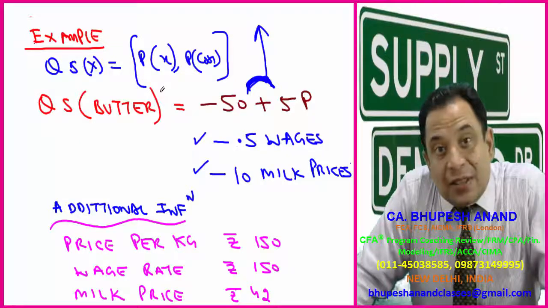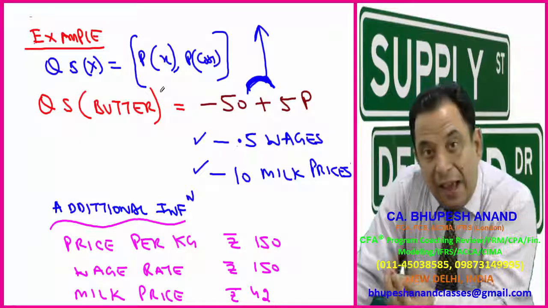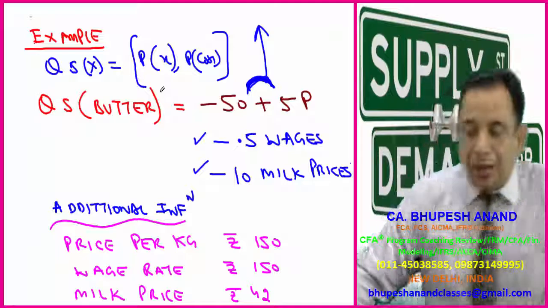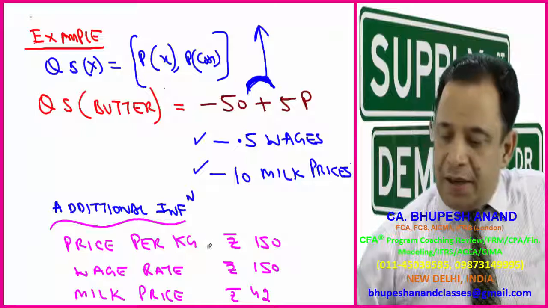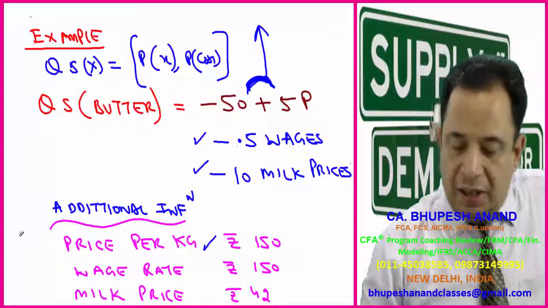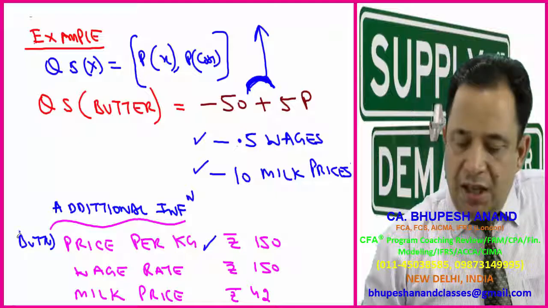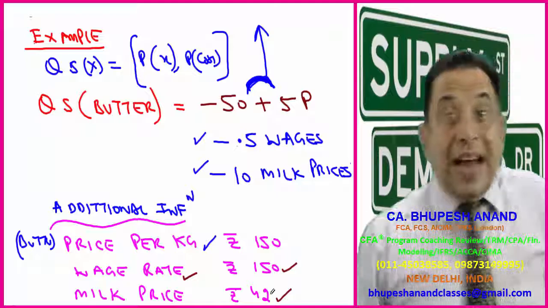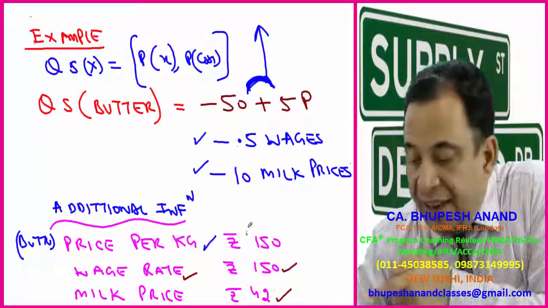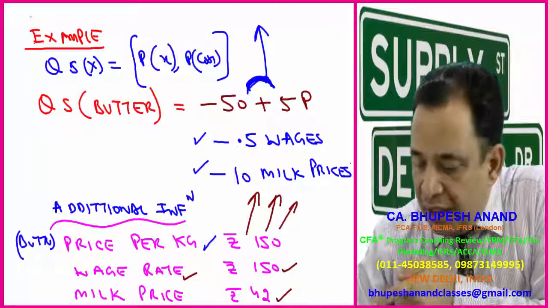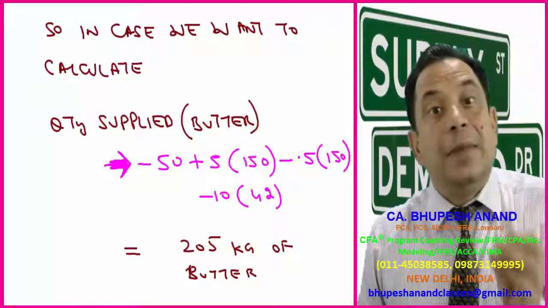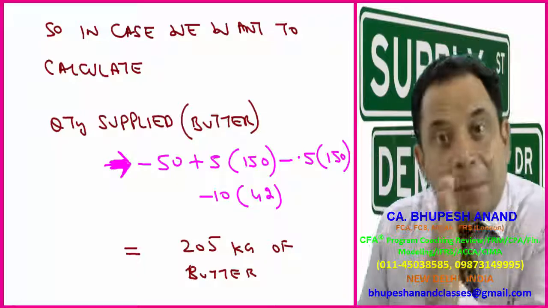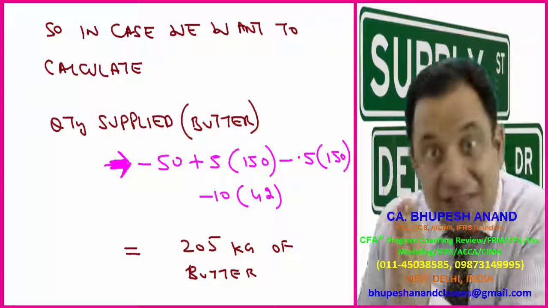If I think that this is the function, and I have given you the values of the factors, that this is the price per kg of butter, let it be 150, the wage rate is 150, and the milk price is 42, then I can feed these figures into this equation and calculate how much will be the quantity supplied for this price of butter, this price of milk as raw material, and this wage.